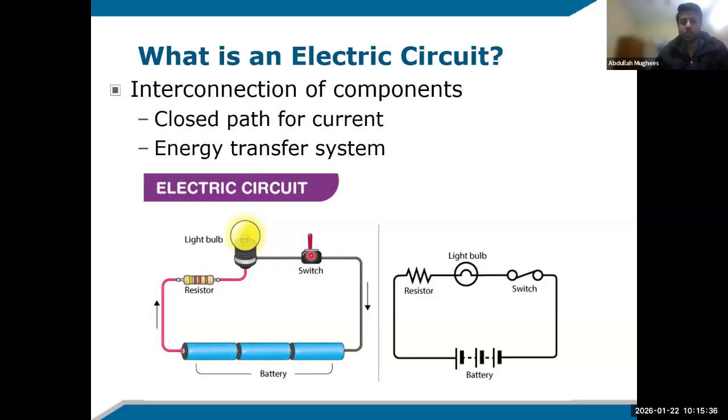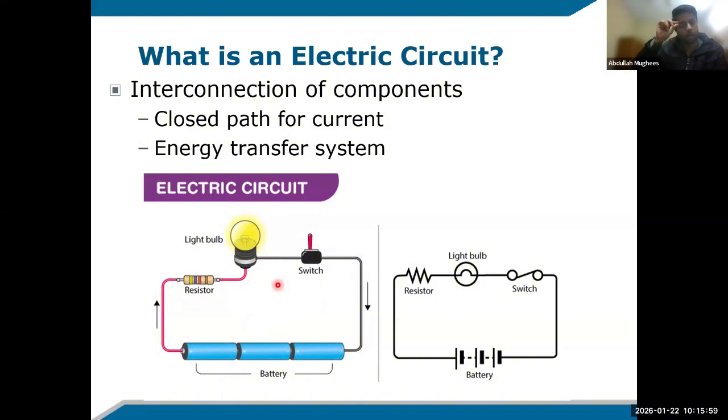It is attached to a switch, which is the on-off button that you normally use to turn your lights on and off. So it's the plastic switch. It is attached to that, and the other part of the switch is connected to the battery. So all of this is a closed circuit, right? Closed path. Everything is connected to each other. You start from one point.